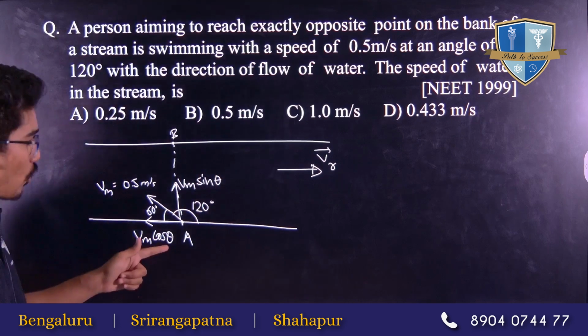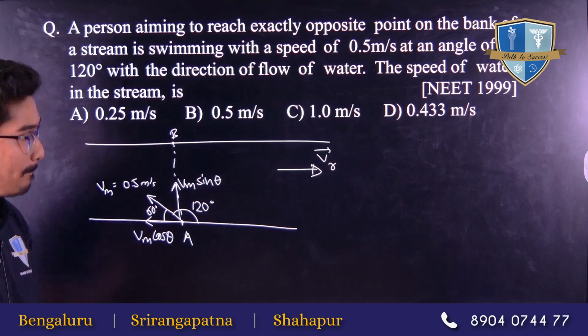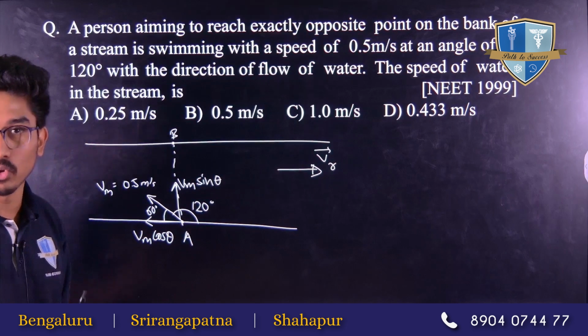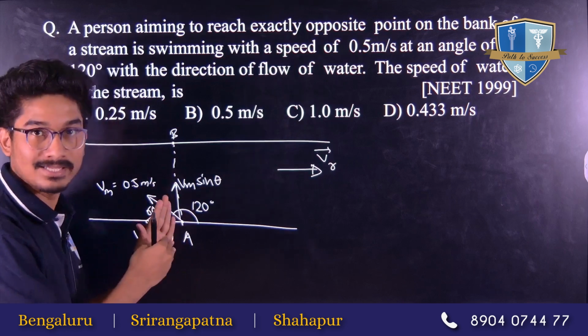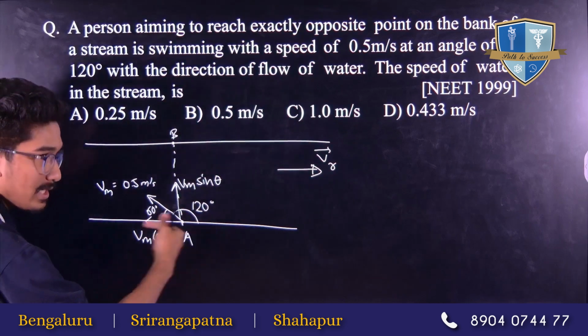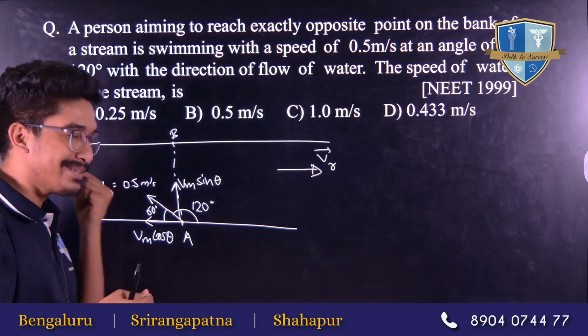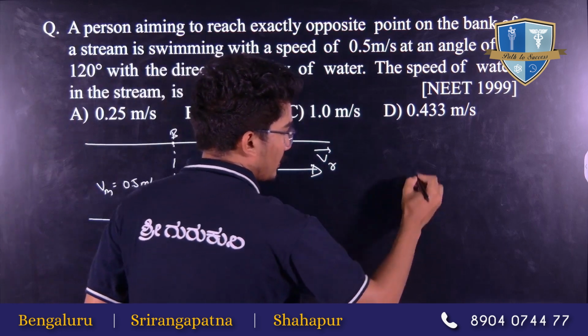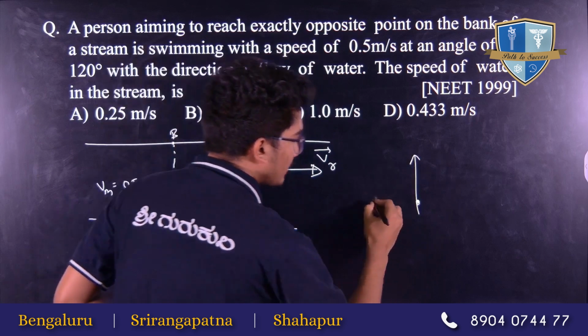Now if he wants to reach exactly opposite side, it means the velocity in this direction should be 0. That means the net velocity that he is having should be in only upward direction, but he has the velocity in x direction. So we need something to balance this velocity. So man is moving in this direction and this direction.